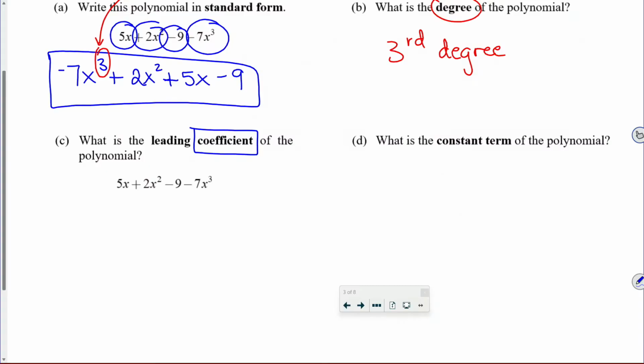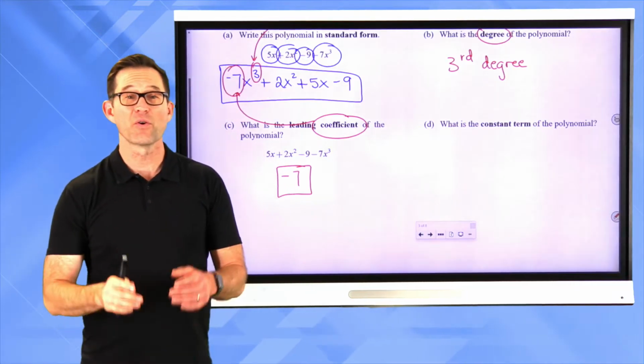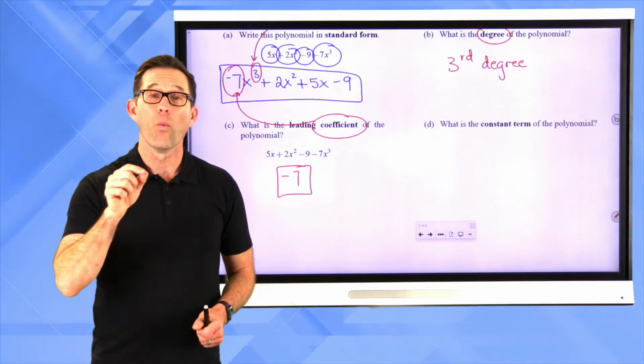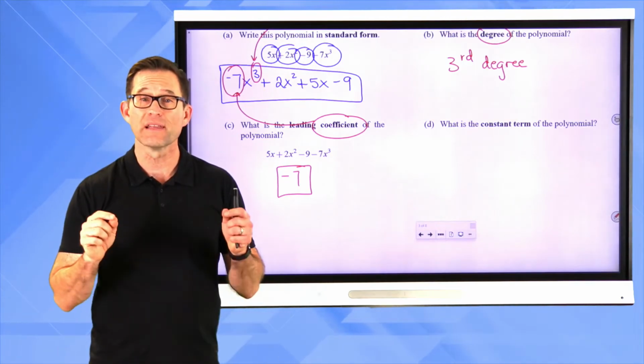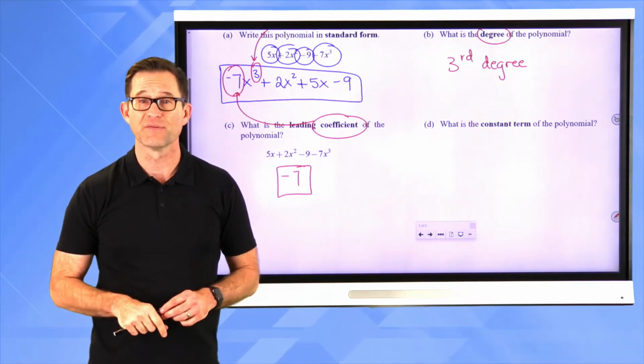So the leading coefficient in this problem is negative 7. All right, and we call it leading because it's literally the first number that we're going to see when we write our polynomial in standard form. So our leading coefficient is equal to negative 7.